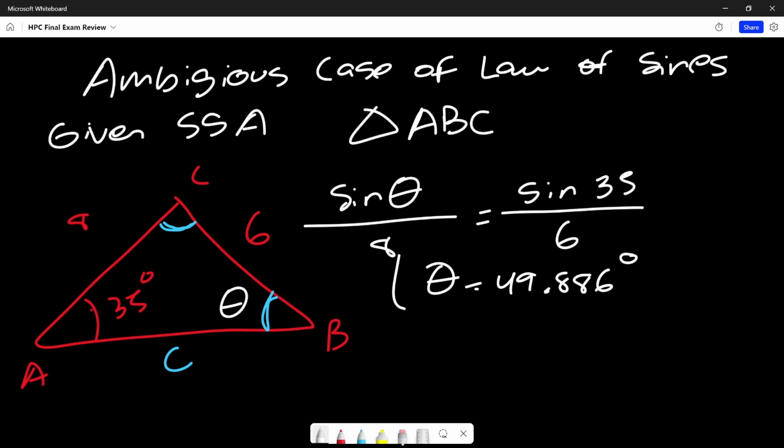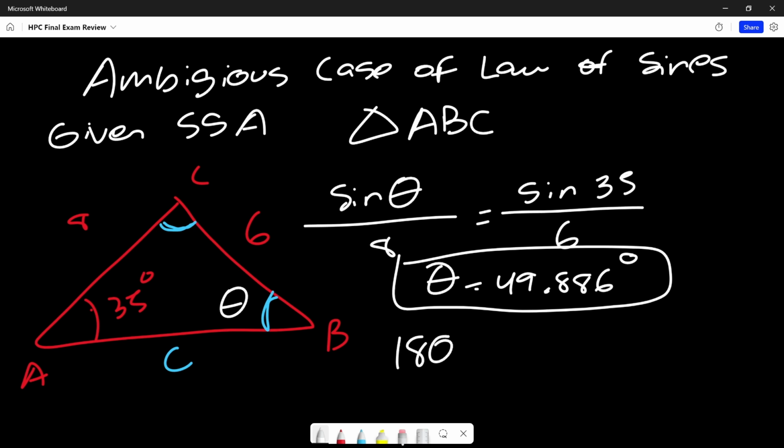So now that we've found that angle, to determine if there can be two triangles, all we'll do is 180 minus theta, and we'll see if this violates the triangle sum theorem. This angle is given, so it is not being adjusted at all. So we'll do 180 minus 49.886, and that is 130.